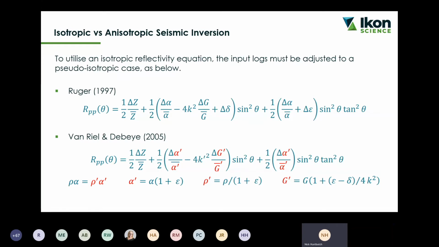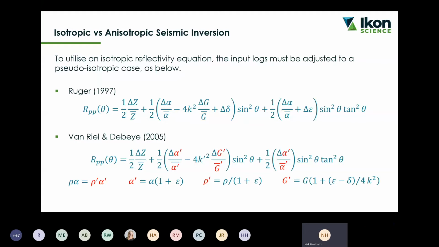We don't know how to include or distribute the variations in Thomsen parameters within a conventional type inversion. So this is the Van Riel and Debye method, where they come up with an isotropic equation. It doesn't have the Thomsen parameters in it, but what it does require is that we adjust our elastic properties given the anisotropy parameters, such that we can model the seismic response by relating it back to these pseudo isotropic properties.